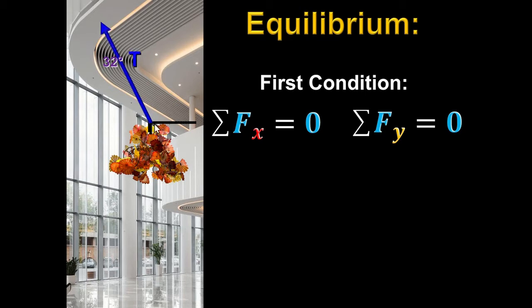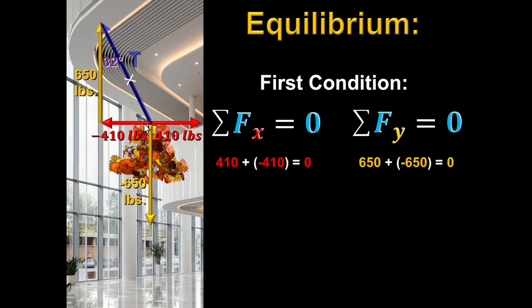So if this big old chandelier is being pulled up in that direction and in that direction and in that direction, to be in equilibrium, the horizontal forces must add to 0 and the vertical forces must add to 0. So we take that and we find components of it to the left and to the right. And once we show components, we get rid of that one so we don't count it twice.